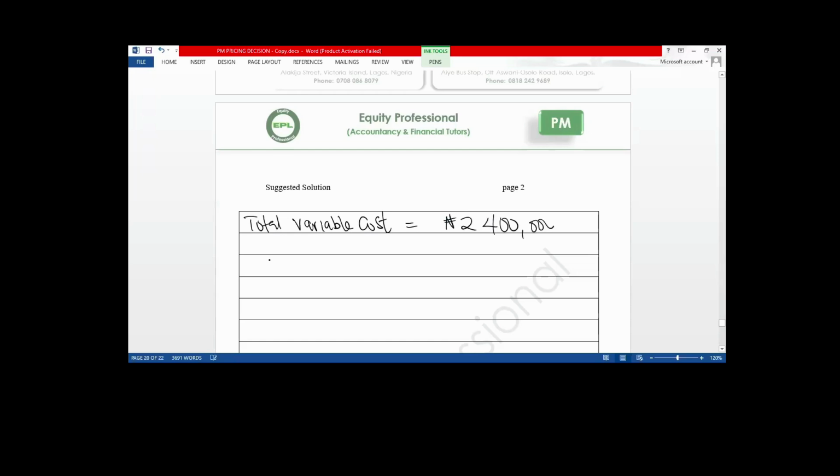Now look at the question. What is the markup for marginal cost plus pricing? 40%. Please compute 40% of 2.4 million. 960,000. That represents the profits.